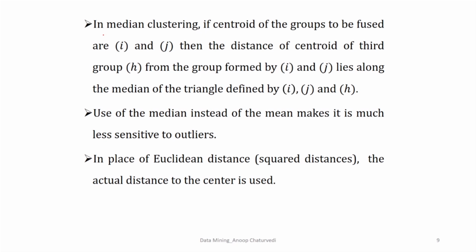In median clustering, if centroid of the groups to be fused are, say, i and j, then the distance of centroid of the third group, say h, from the group formed by i and j, when we combine i and j, then the distance of h from the combined group ij lies along the median of the triangle defined by i, j and h.